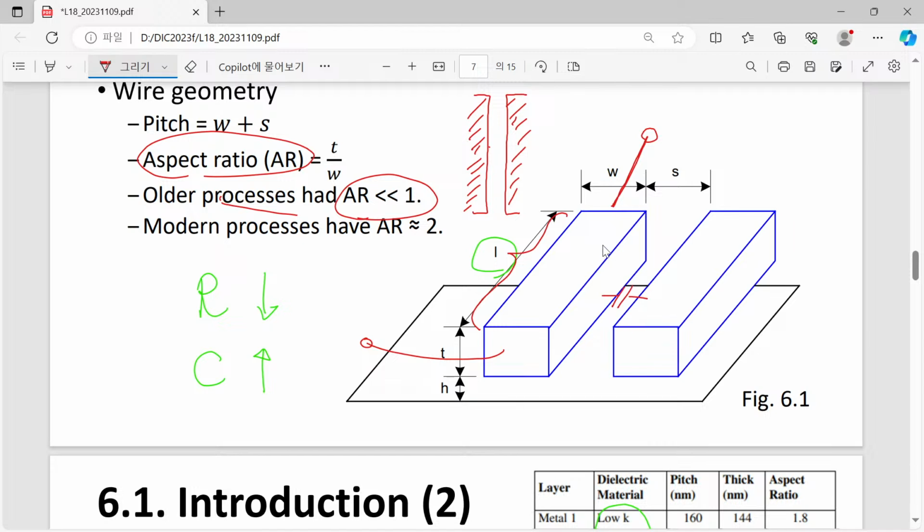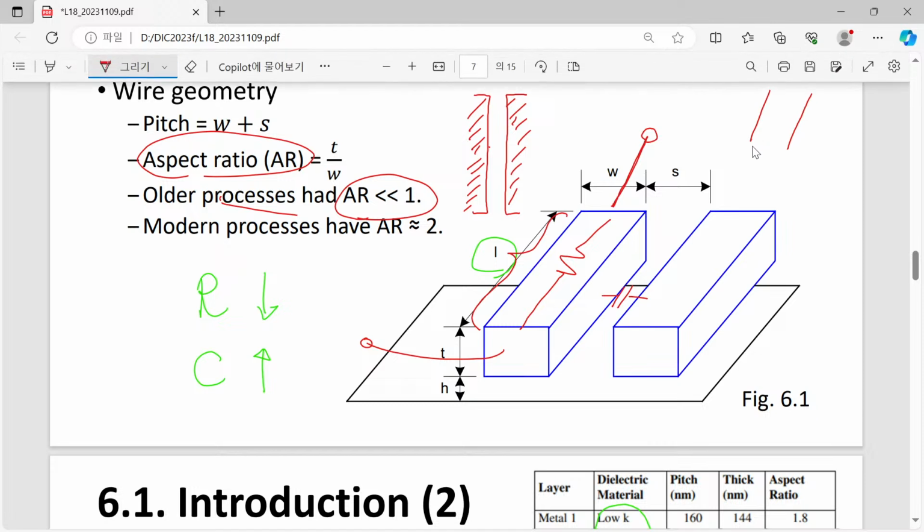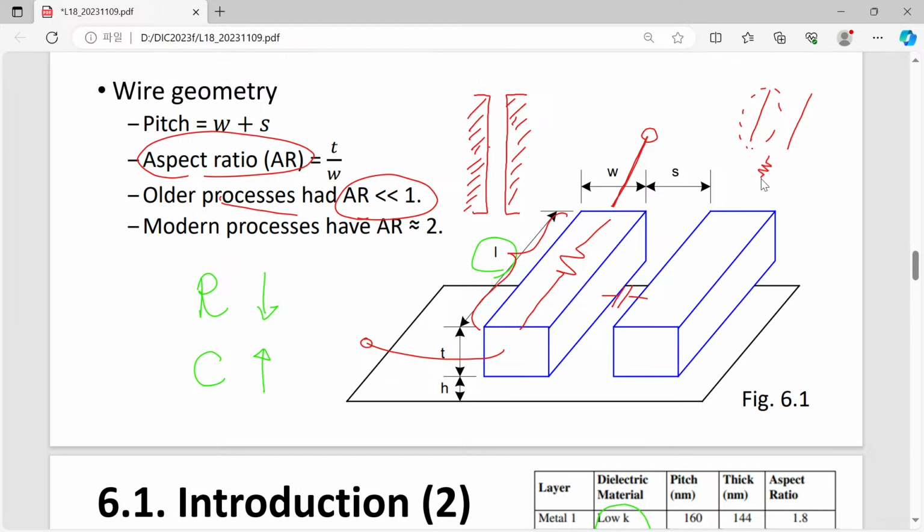So then we can just think that, okay, there is a resistance and there is a capacitance for unit length. If this length is quite short, then these two metal lines, from the viewpoint of this central one, can be modeled in this way: resistance and capacitance.